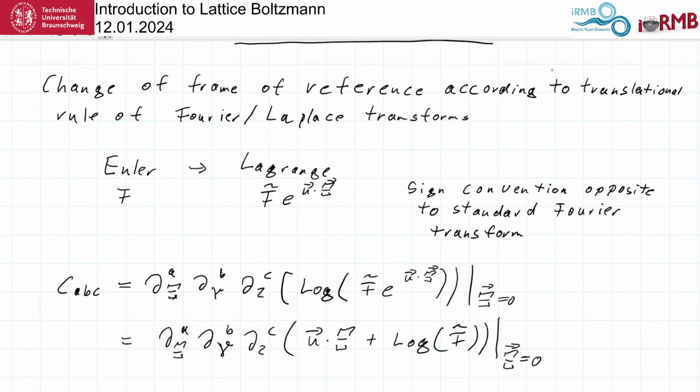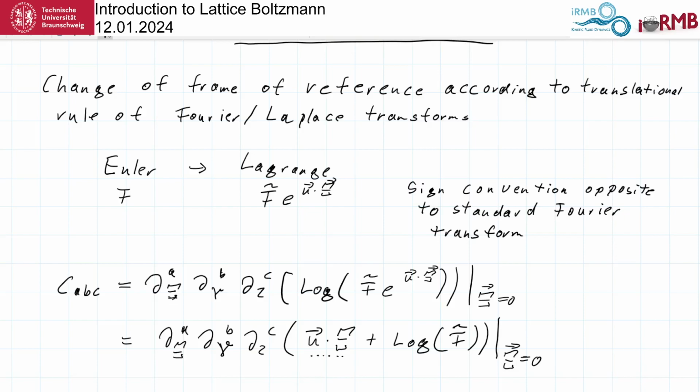Now, this f tilde is completely independent of velocity because it's taken in the moving frame of reference. And this term here will only generate a first moment and no further moments. So only the first cumulant depends on the velocity, and all the other cumulants in the hierarchy do not depend on velocity.